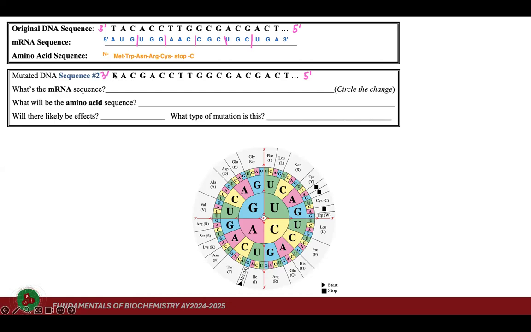Can you identify at which position a nucleotide was inserted? It's at the fourth position. A G was inserted. The rest of the nucleotides are the same: ACC, TTG, GCG, ACG, and ACT. So you have an insertion there, which means our mRNA transcript would also be one nucleotide longer.